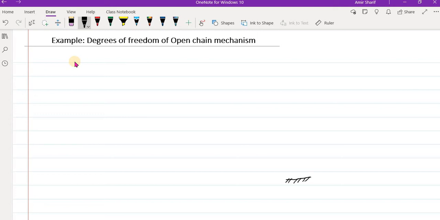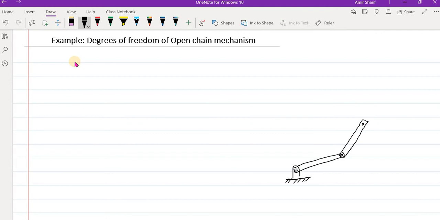This is the base link here, and then a Revolute joint. This is link 1, and then again a joint. This is link 2, and then a joint.